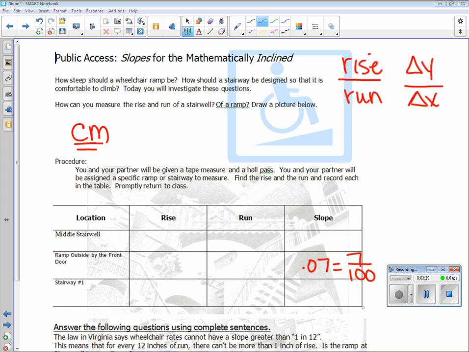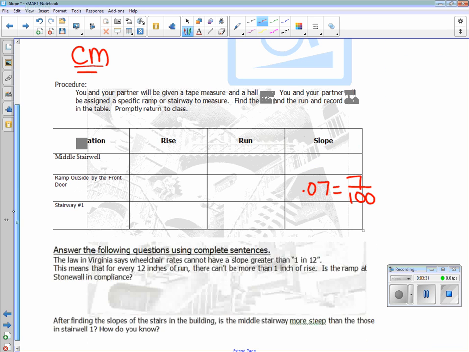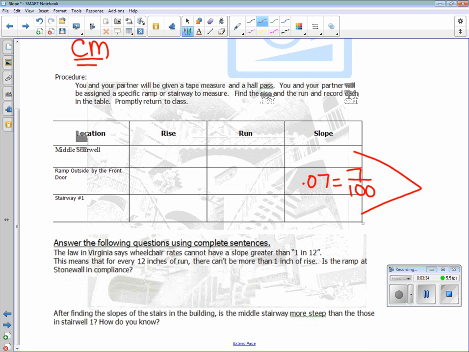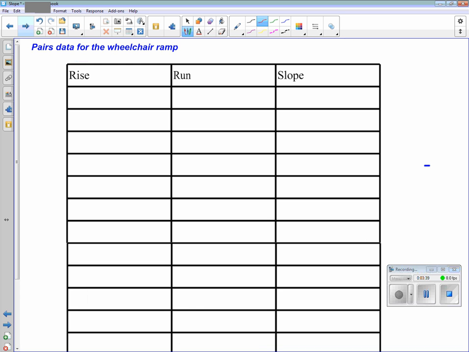Let's compare these two. What numbers did we get? Let's look at, not the wheelchair ramp this time, but stairwell 1 and the middle stairwell. I'm going to ask your tables, because your tables measured together.